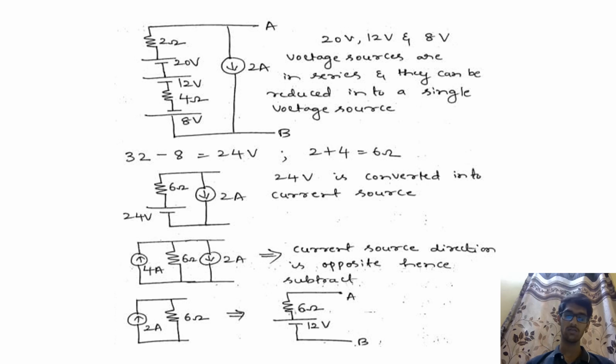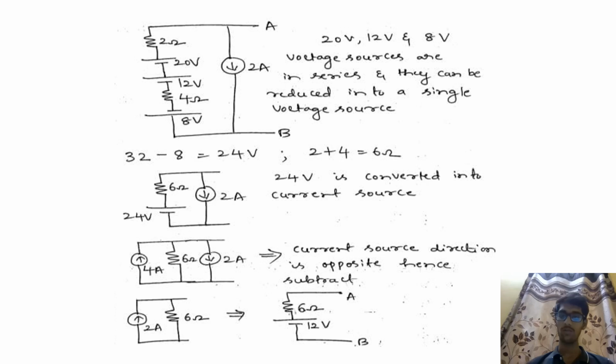We have a voltage source of 24 volts and a series resistance of 6 ohms and a load current of 2 ampere.